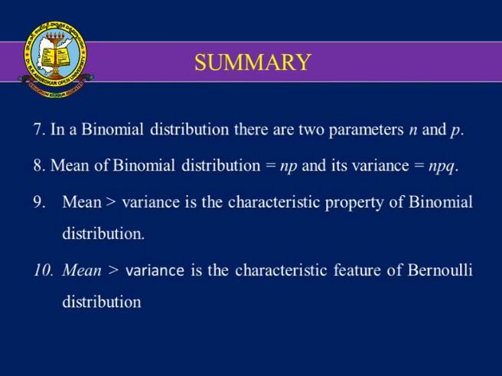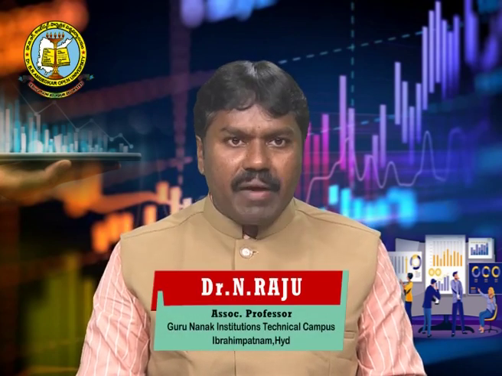In this distribution also, mean is greater than variance, which is a characteristic property of the binomial distribution. So both the Bernoulli and binomial distributions have mean greater than variance, and both come under discrete distributions. We already discussed all the remaining properties; just recall your previous properties. I will conclude this session today. Okay, thank you.